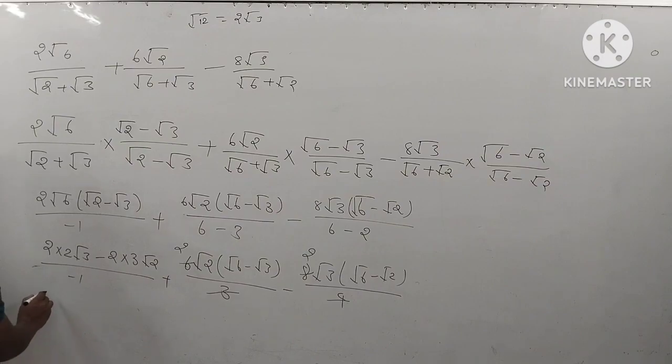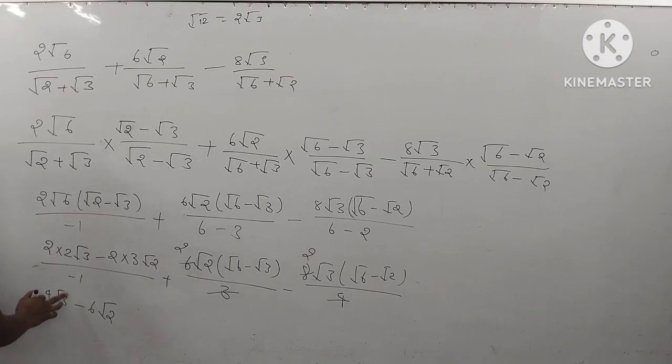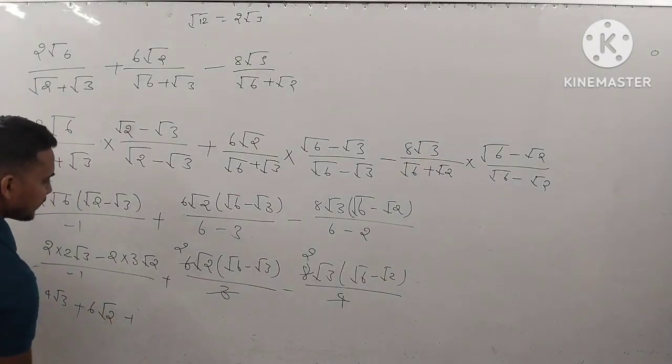Now here 2 twos are 4 root 3 minus 2 threes are 6 root 2. We take the common negative sign, then it becomes minus and it becomes positive. Here minus 1. Now here the positive sign.